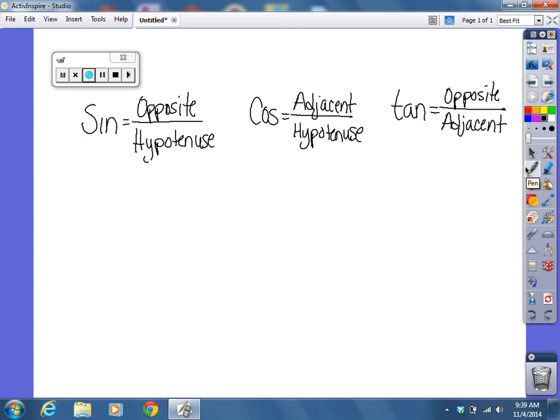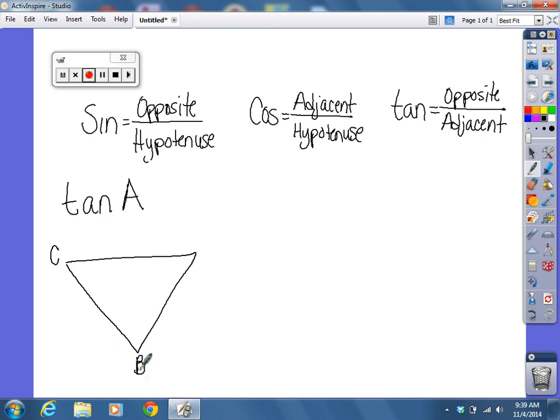How about tan of A? And this is problem 14 on your homework. As I'm looking at it, it's labeled C, B, A, 29, 21, and 20. So when I'm looking at this, we need a right angle, don't we? There we go. They want tangent of A. I told you guys to circle the corner that you're actually looking for.